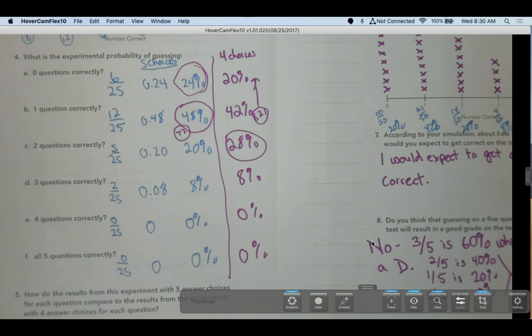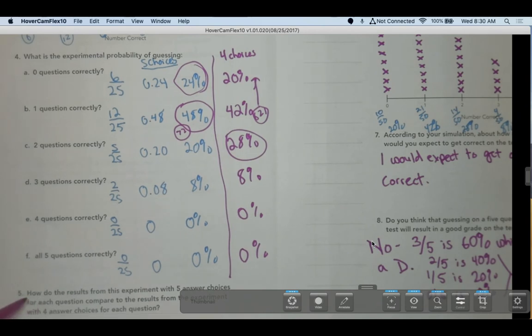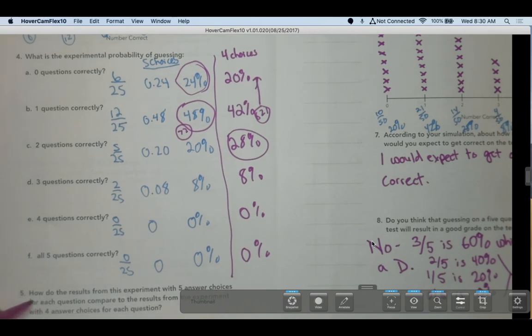Okay, so how do the results from this experiment with 5 answer choices for each question compare to the results from the experiment with 4 answer choices for each question?